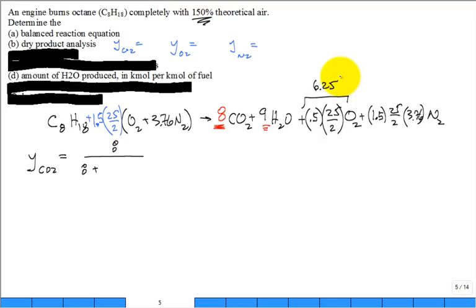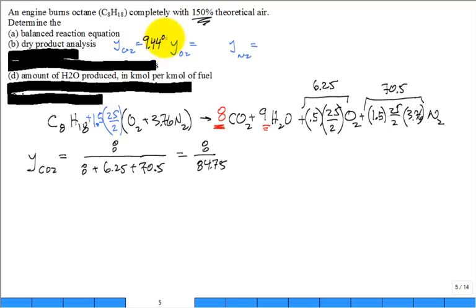So if we crunch a number, we find that this is 6.25 kilomoles of oxygen, 6.25. And this is all 70.5 moles of nitrogen, 70.5. So you get that it's 8 divided by the sum, which is 84.75, or the mole fraction of CO2 is 9.44%.